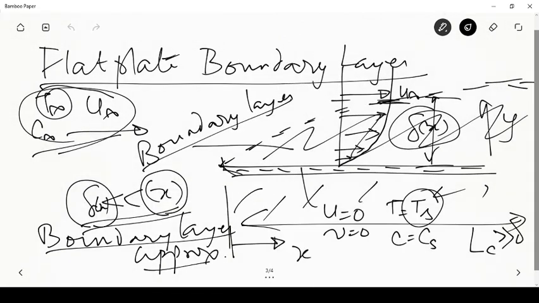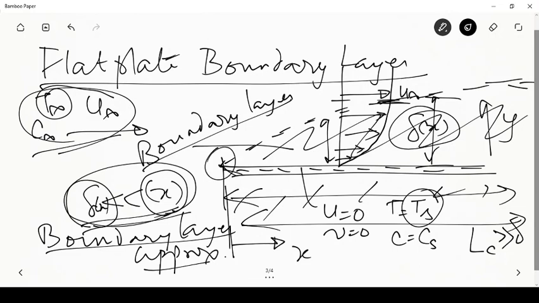On this boundary layer, x has a much larger dimension of Lc as compared to y, which has a much smaller dimension. We have said that the boundary layer approximation is that delta of x is much smaller than x, which basically means that y at any location is a small value as compared to x, except in the very close region of the leading edge, which we will not be looking at because that's a singularity in any case, where delta of x itself tends to 0.